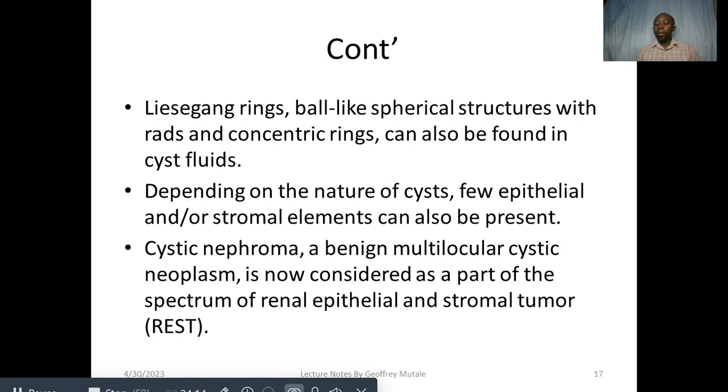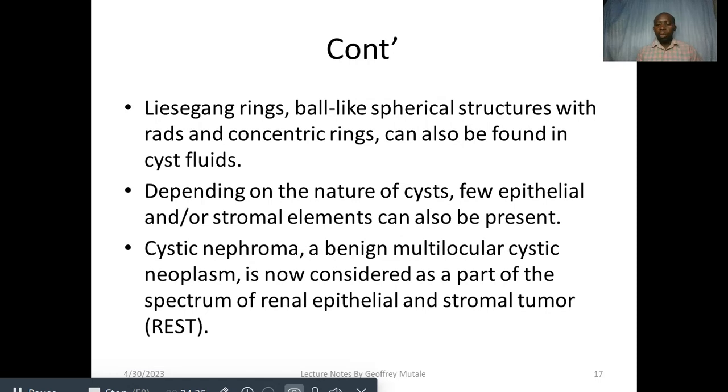Specifically, the Liesegang rings are very important in drawing a line between the cystic lesions, specifically in the kidney, and other malignancies or other lesions that we may encounter.